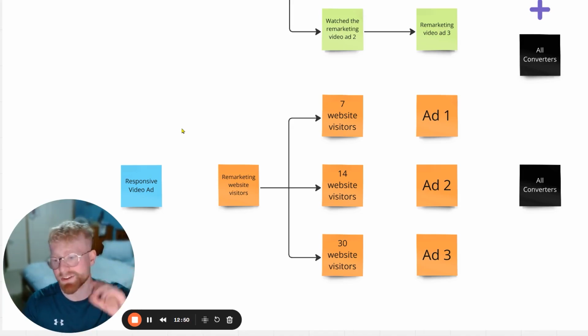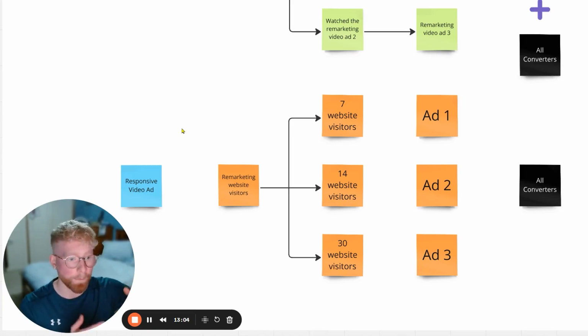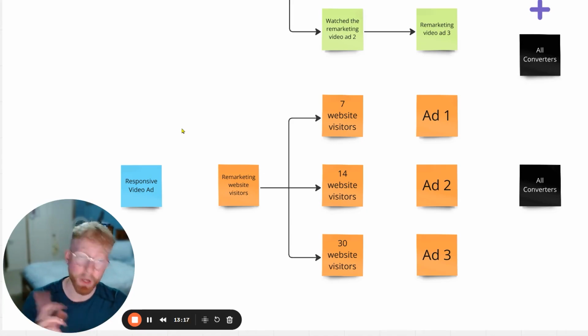Also on top of that, just a bit of a secret. It's not a secret. I just think it's a bit of a hack in a way. Since you are spending money on a cost per click bidding model and not a CPM bidding model, you can actually reach more people sometimes, not all the time, but a lot of the time, utilizing a responsive video ad.